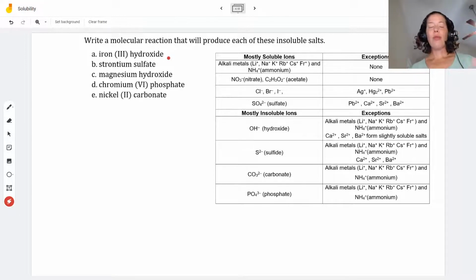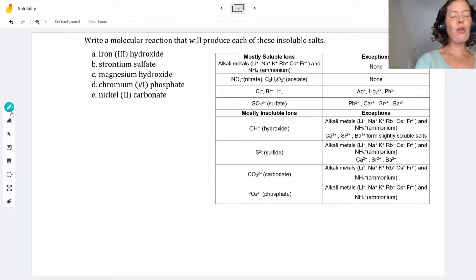Well, of course, there are a couple ways to think about this, but I think about this as kind of moving backwards from your net ionic to your molecular. So I'll show you how I think about this. If I'm going to take equation A, I think first of iron 3 hydroxide.